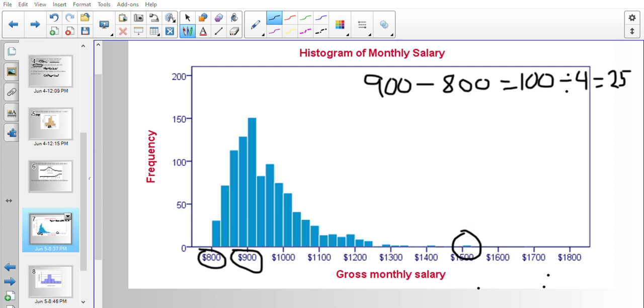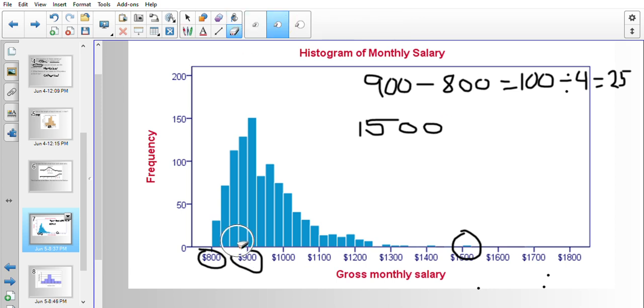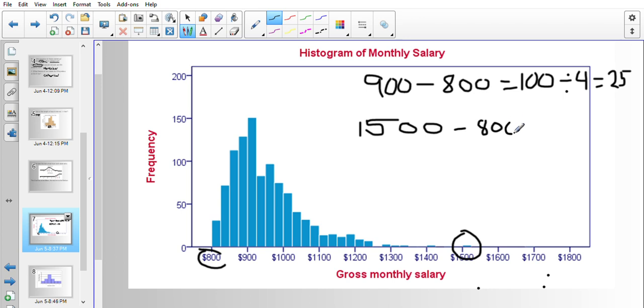Right about there. So then the range, remember, the range is the difference between the maximum and the minimum. So the range is about 700.